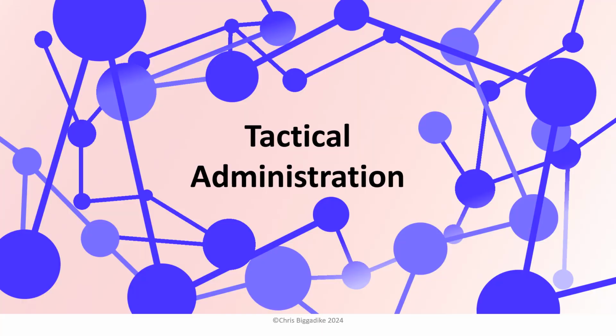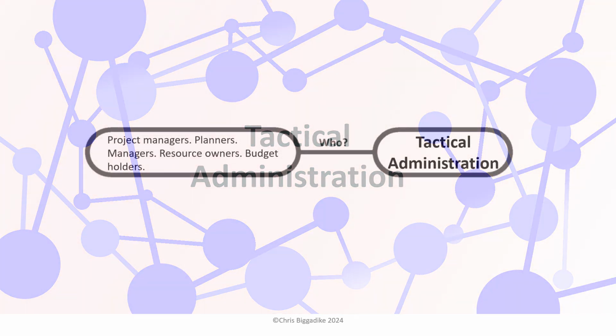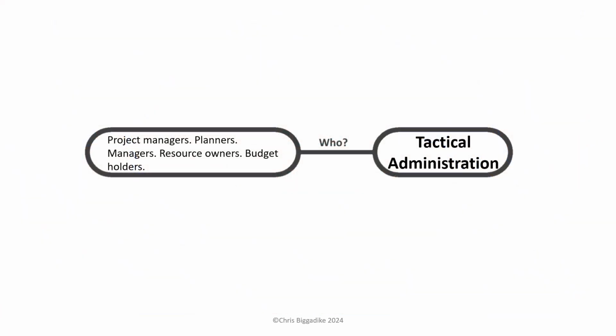Now, tactical administration. Who does it? Well, project managers, planners, just managers generally perhaps, the resource owner, the budget holder, essentially anyone who's put in charge of a team's financial performance.